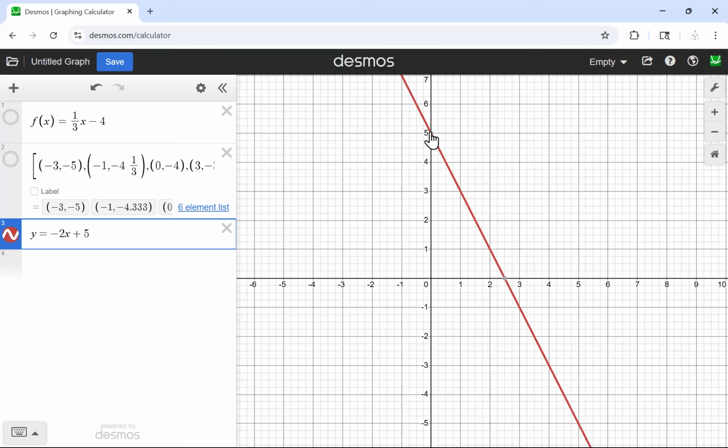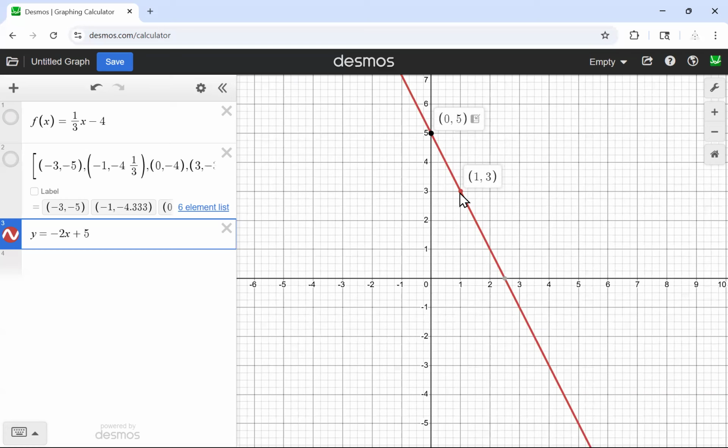Obviously, we could see that that line went through the point 0, 5. And what happened there, well, let's look at the next point on that line.